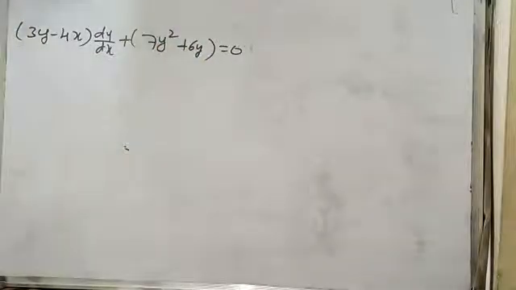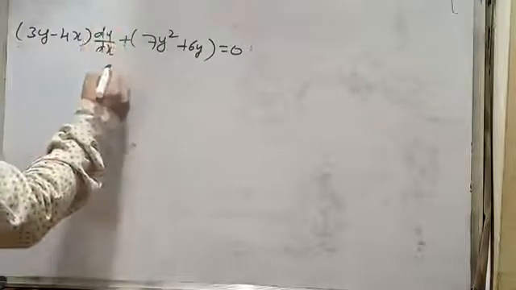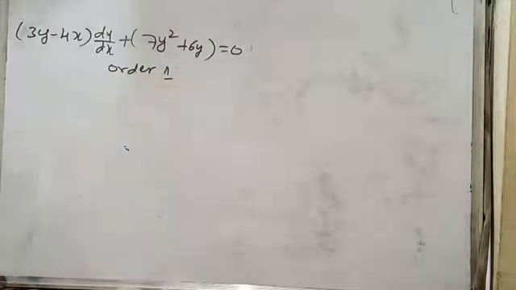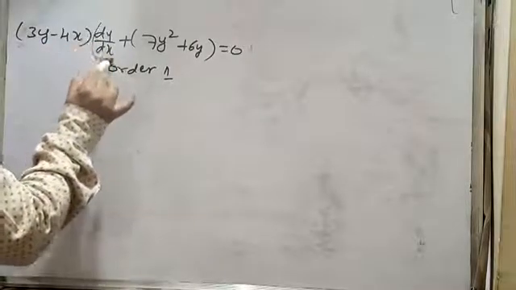Right? Here what is the order? The derivative is first order. Order is 1. What is the degree here? Degree is also 1. We have to see the power of the derivative.